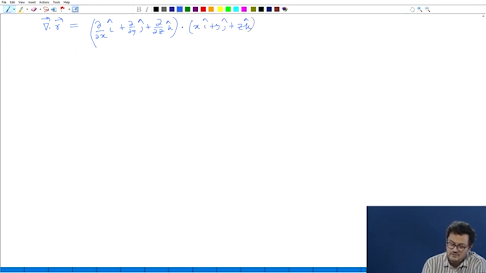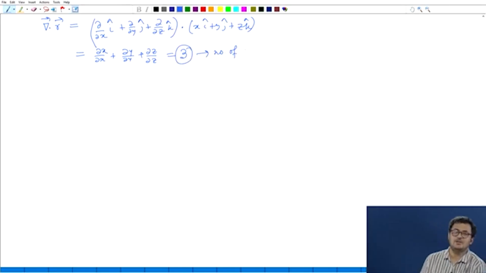If you do the contraction it will give del x del x plus del y del y plus del z del z, which is equal to 3, and this is nothing but the number of dimensions. If you are in an n dimensional space, then the divergence of R will be n, the number of dimensions of space.